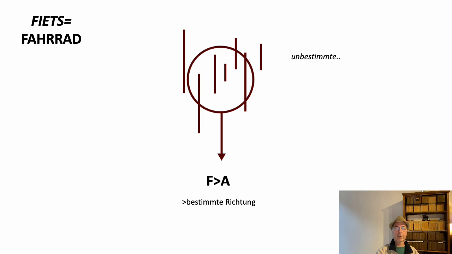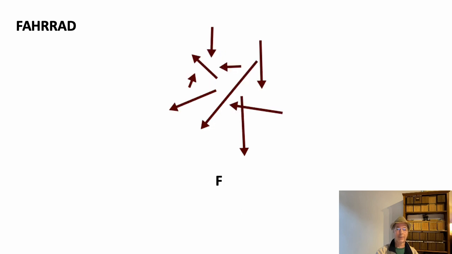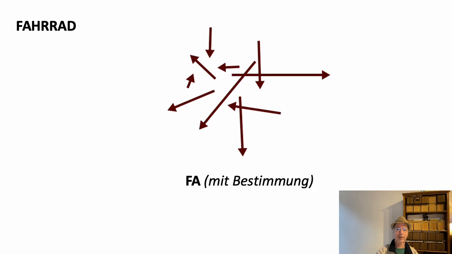Now let's go over to the German word. It's FAHRRAD, bicycle. So the FA will also, just like the E, try to direct it into a certain direction. Different than the E, the A goes only in one direction. The F here presents a lot of chaos and possibilities. And here we give it a direction. It's our own direction.